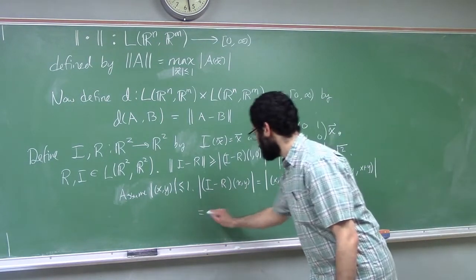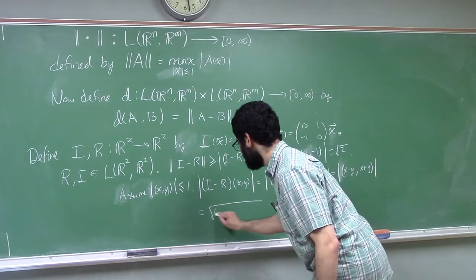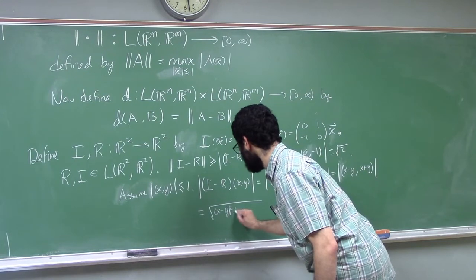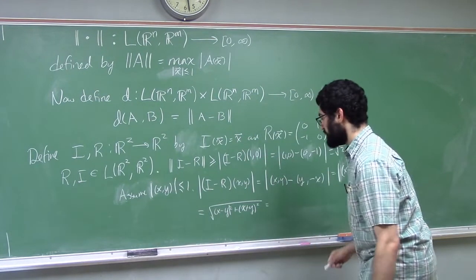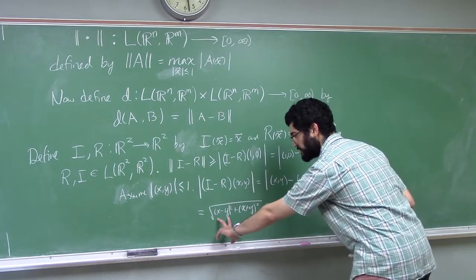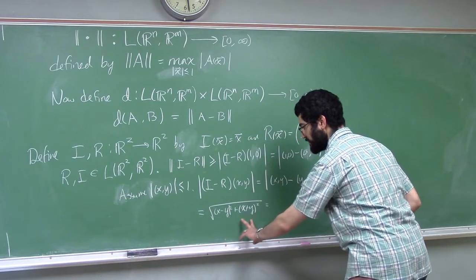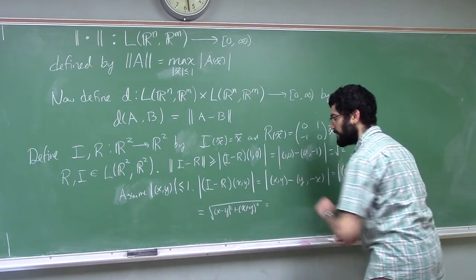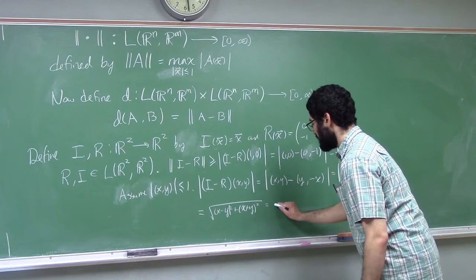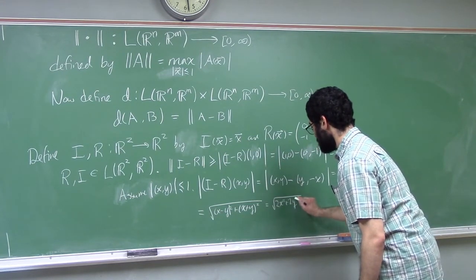Alright, so that would be the square root of (x minus y) squared plus (x plus y) squared. And if I square this out, I get x squared, y squared, and minus 2xy. Squaring this out, I get x squared, y squared, plus 2xy. So the minus 2xy and the plus 2xy cancel, and I get the square root of 2x squared plus 2y squared.